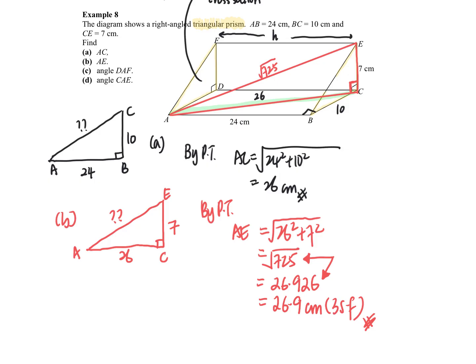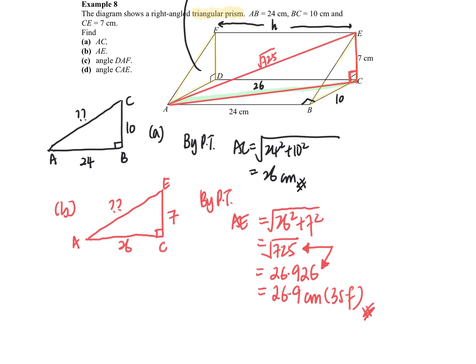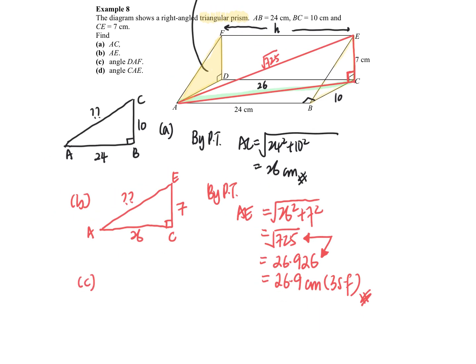Part C, I want to find this triangle, the yellow one here. So I want DAF. Let me draw that triangle out. F, D, and A. I know AD is 10. AD is 10, right? The opposite sides are the same. DF is 7.